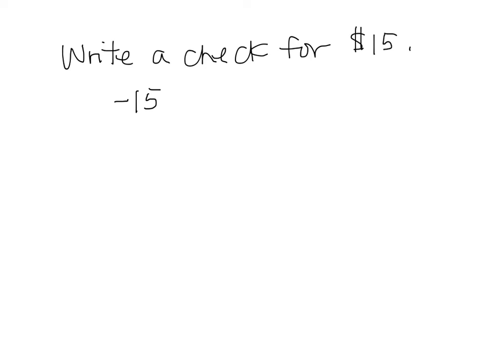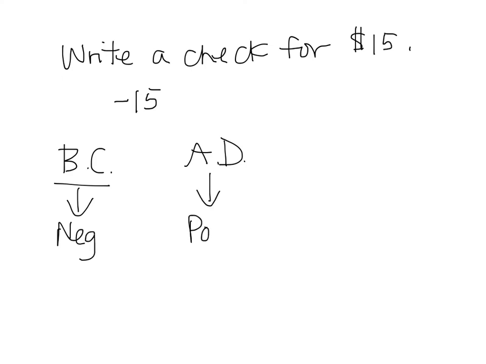Also on this sheet, they talk about BC, the years BC, and AD. BC, in our day it was called before Christ, but I forget what the more politically correct way to say it is. But these are negative numbers, and these are positive numbers.